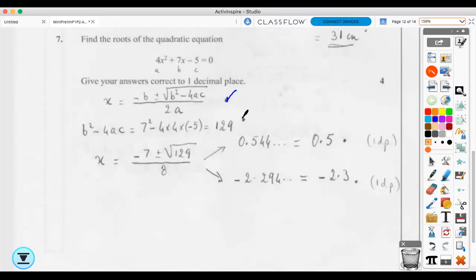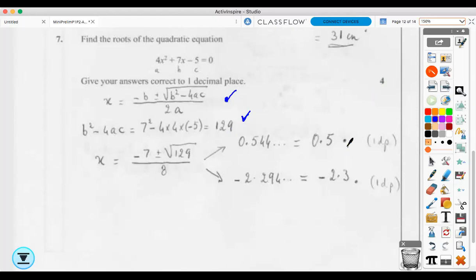If you didn't get 129, I invite you to get your calculator, do 7 squared minus 4 multiplied by 4, multiplied by open bracket, the wee -5 close bracket. If you still can't get 129, then you need to come and show me what you type on your calculator. Okay, that would be your second mark. So those two gave you 50% of the marks.